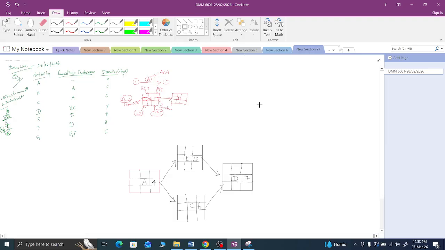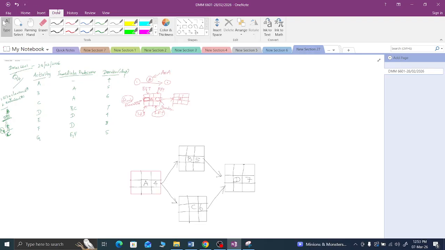So after D, E is there, F is there. Say this one is E, this one is F, right?